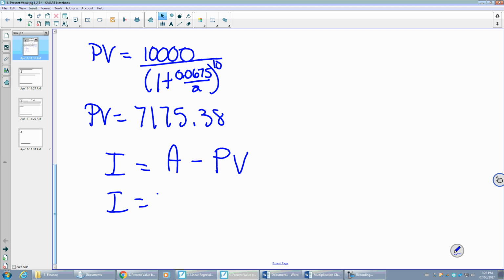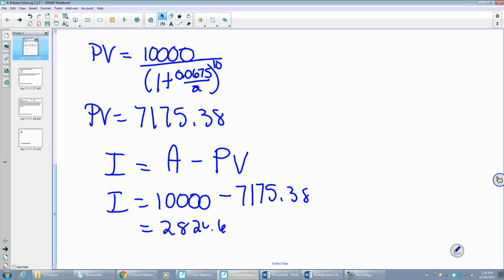So I is equal to 10,000, subtract 7,175.38, which gives us $2,824.62. So that's how much money in interest we're earning over a 5-year period, which would be nice if interest rates were like that, but they're not that high, unfortunately.